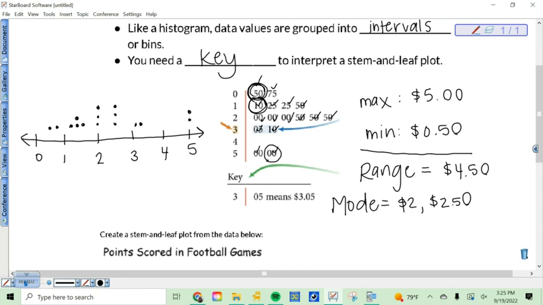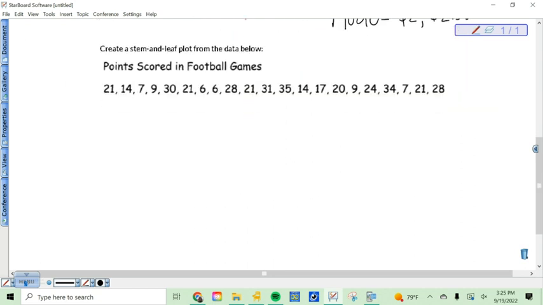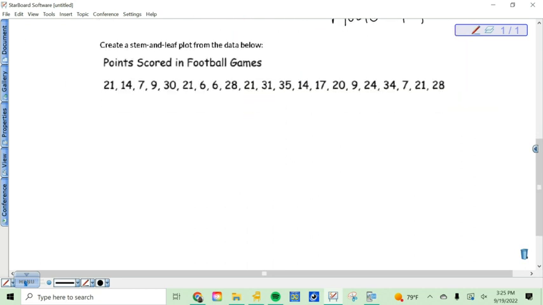Look at the points for the football game and see if you can come up with what our stems and leaves will be. How are we going to take these numbers and make them fit into our stem and leaf plot?